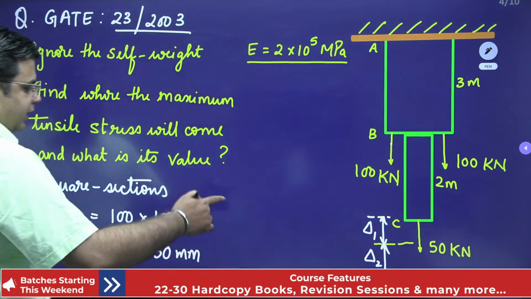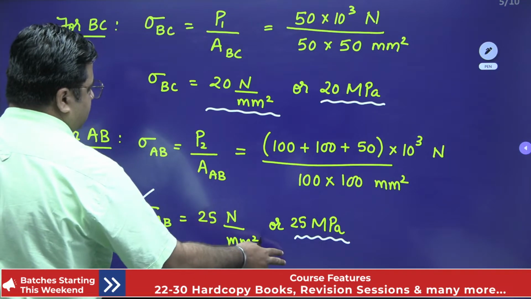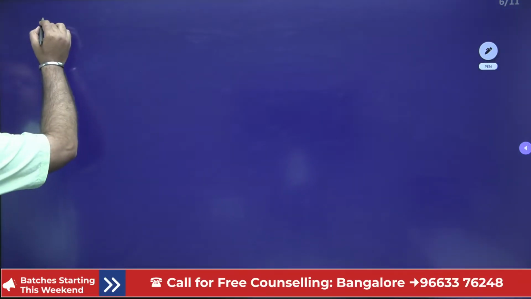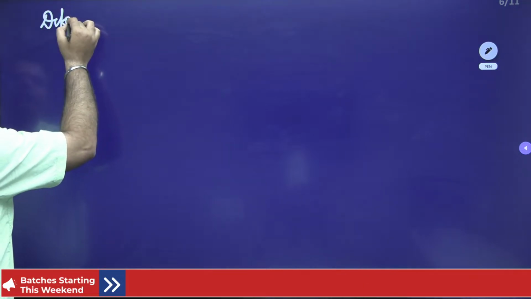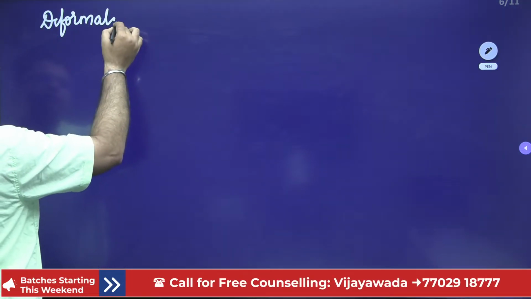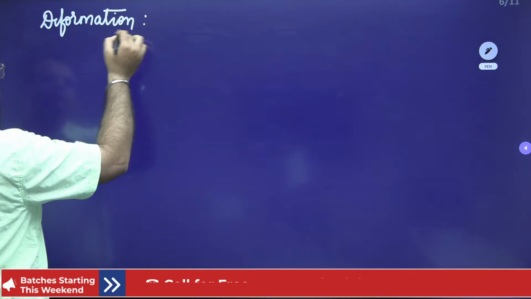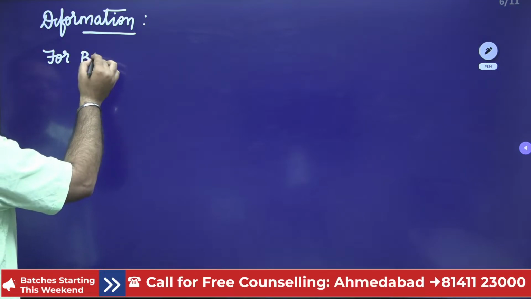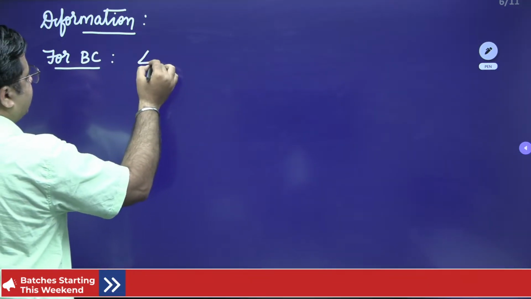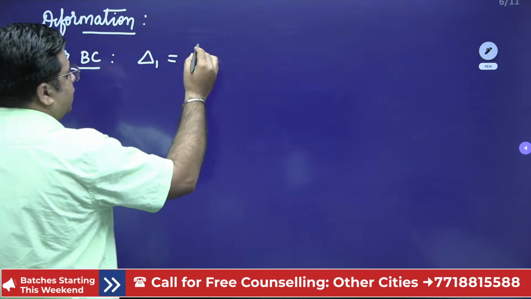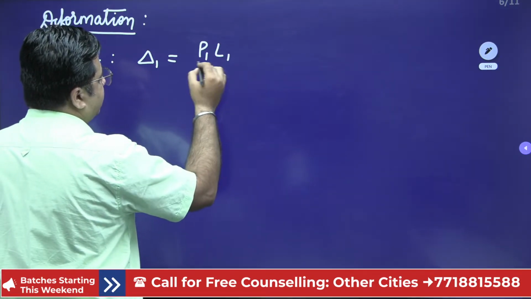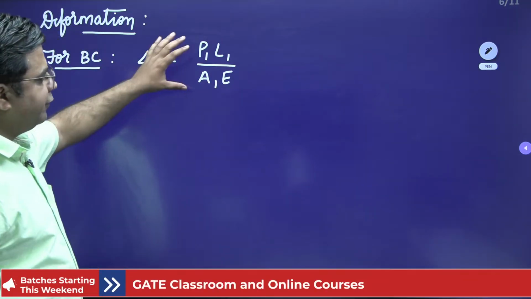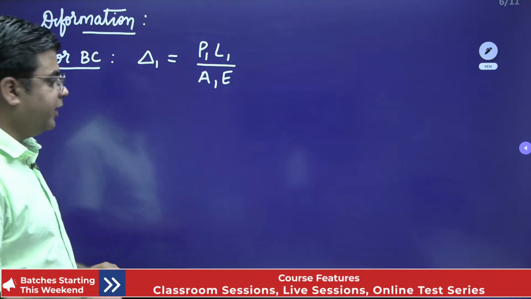So, this is how you need to calculate the total deformation this point C will undergo. Let us calculate that. First we calculate delta 1. Deformation calculation for BC: delta 1 is equal to P1 L1 upon A1 E. This is the total deformation that member BC will undergo.